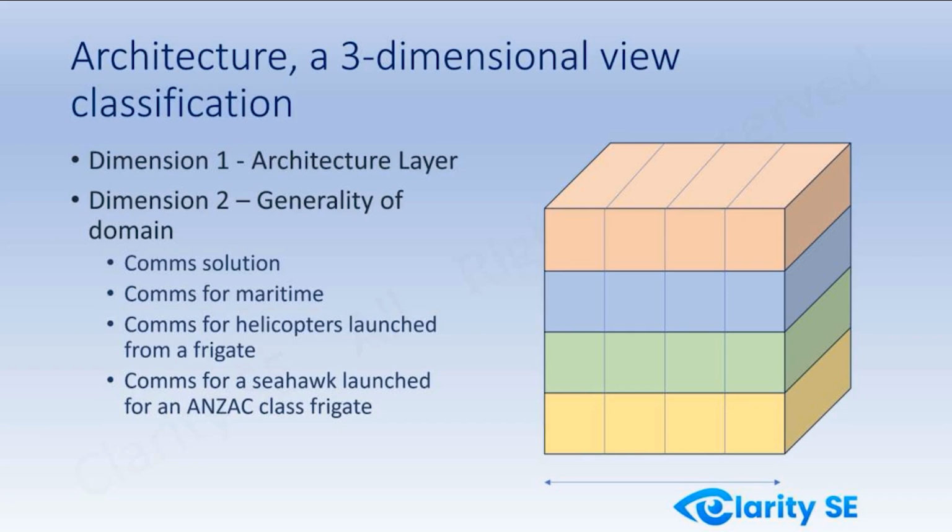Then you might consider that you're dealing specifically with comms that have got to go from a home base ship out to a helicopter, and then more specific again, you might pick out a specific class of helicopter and a specific class of ship. In all these cases, you can build architecture views in each of the different layers, as well as each of the different columns here, quite comfortably.